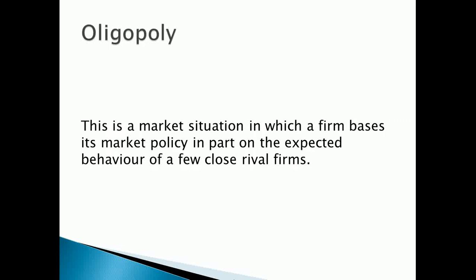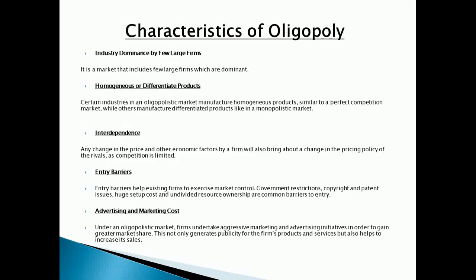What are the causes of oligopoly? Number one, economies of scale. If the productive capacity of a firm is very large enough to capture a greater percentage of the total available demand for the product in the market, then there will be very few firms in such an industry.